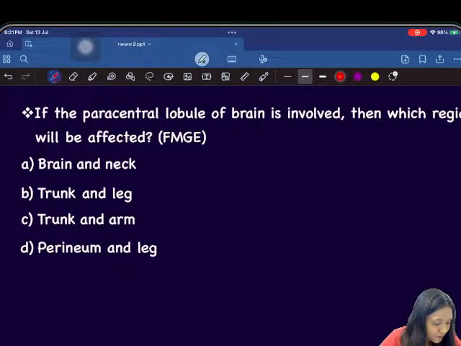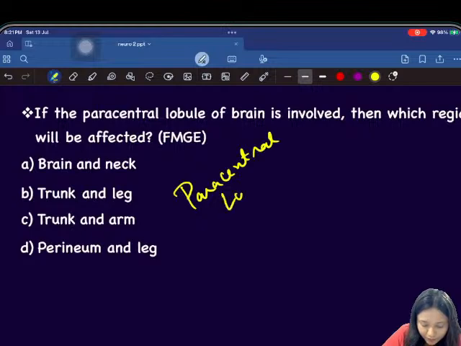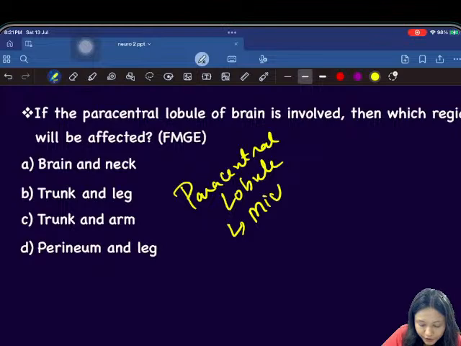Paracentral lobule. Just now we have studied about the paracentral lobule. I have told you two important things about it, with that you can answer this MCQ. So anybody? No, the answer is not trunk and arm. Just try to remember, the paracentral lobule is concerned with your micturition and defecation.